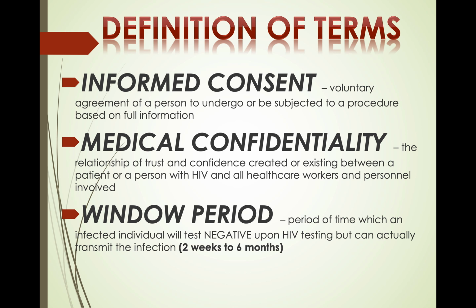It's just that serologically, or should I say, during testing with your diagnostic kits, you will still be testing negative. Okay? But during the window period, you can already be transmitting the disease. You will be transmitting the disease already.